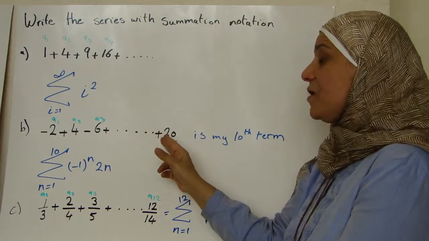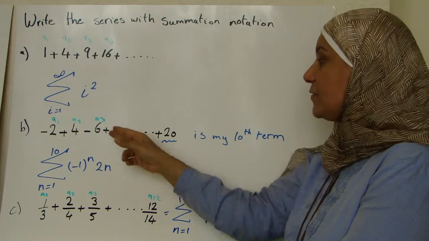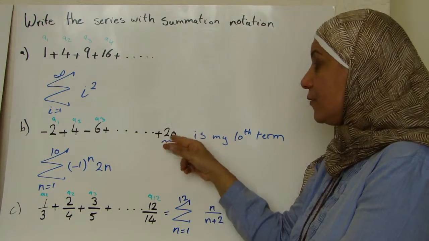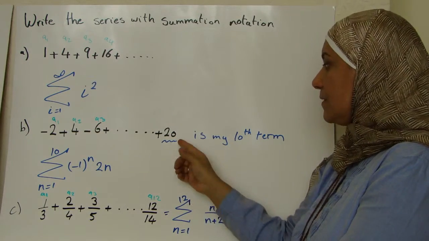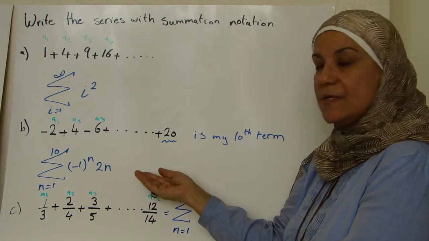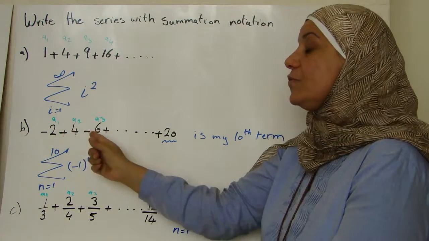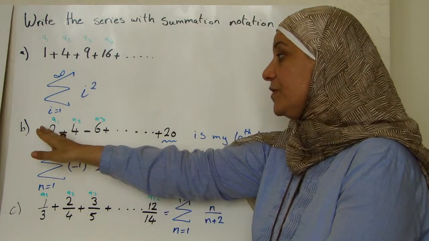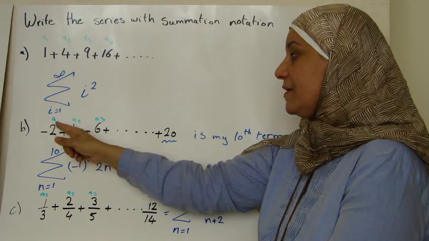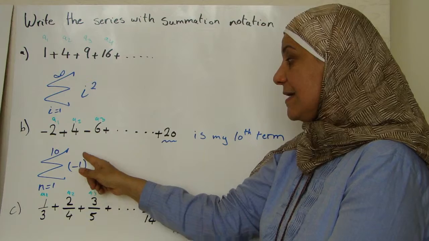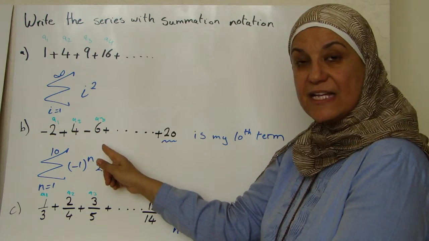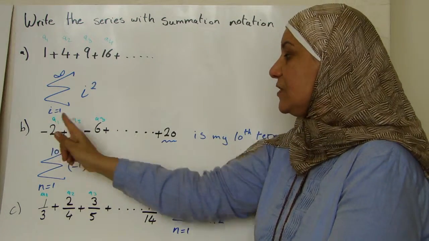He did not tell me how many of those. He just told me that when you reach 20, you stop. How do I know which term this 20 is? I try to find a rule, and we said that to find a rule for such a thing that goes up and down, minus plus, I'm going to have negative 1 with n as my exponent. Why? Because I'm starting with a negative.